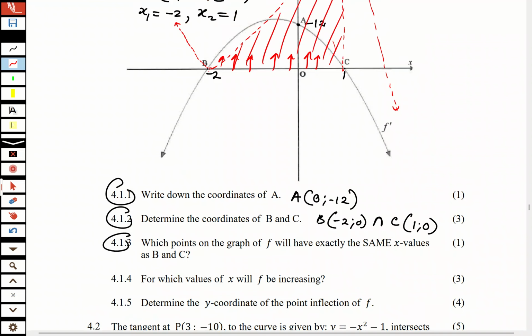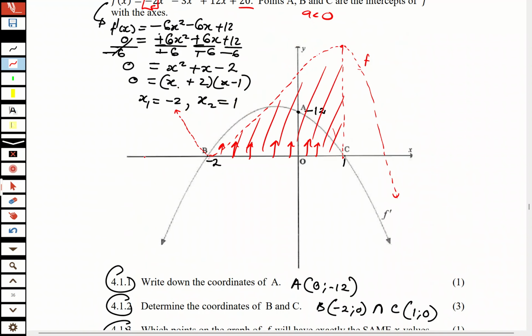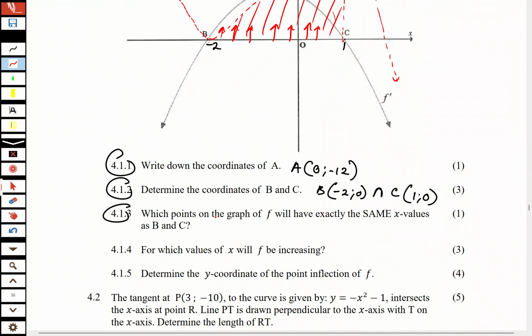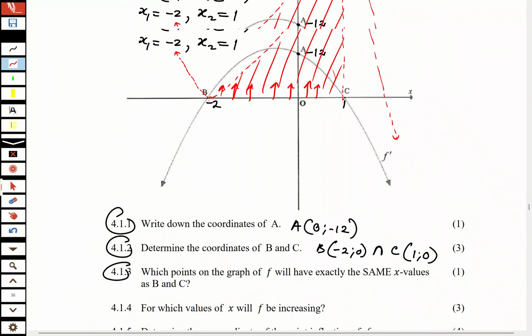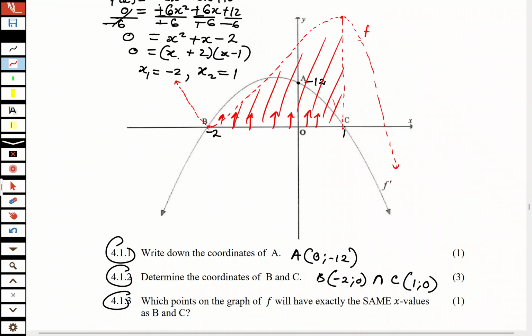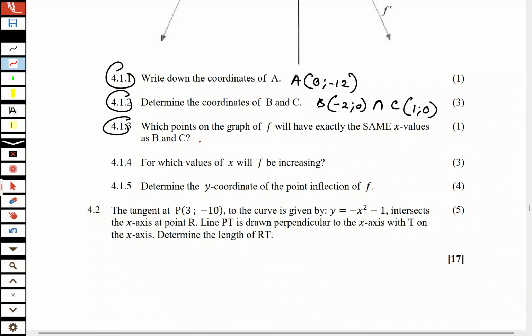Understand? So now they're asking us if these points, your B and C, what are they? So they say which points on the graph F will exactly have the same x values as B. What are these points to our original function? They are the critical points. So the answer is critical points there. The critical points, guys, remember, it is the x-intercept at the turning point.